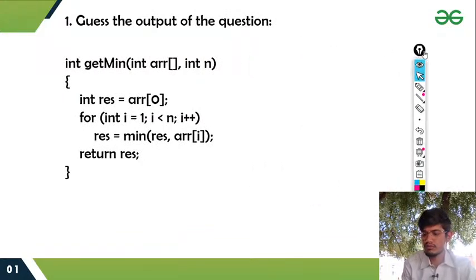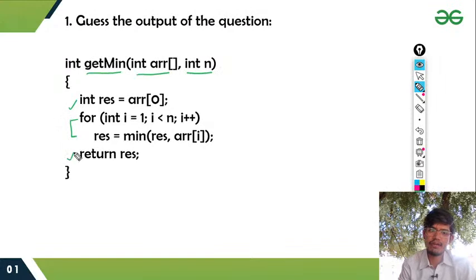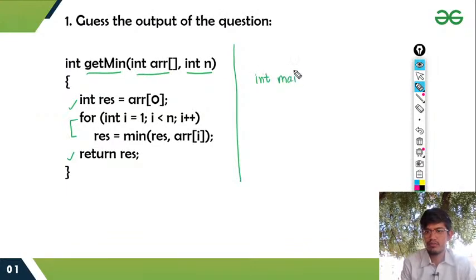Okay, so here is the first question. The question is very simple, and we have the function name as getMin. We have an array, we have an integer n, and then we have this variable, and we have a for loop. Okay, and we are returning. And from the main function, in int main, what do you have?